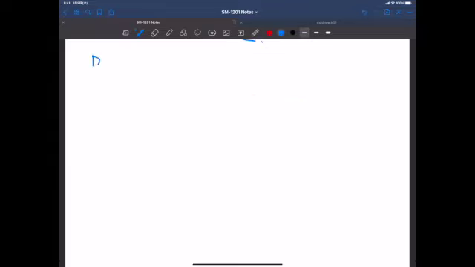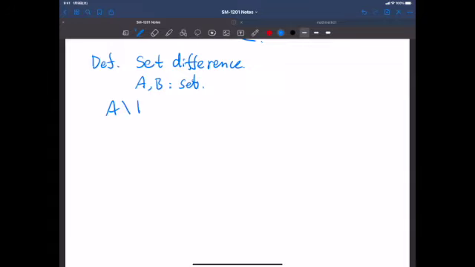Next, we define set difference. Definition of set difference. Suppose A and B are sets. The set difference is written A minus B. So minus is not this minus, but we write it as a backslash.